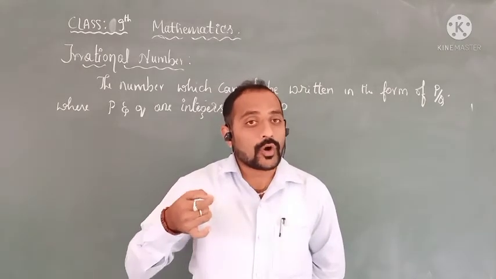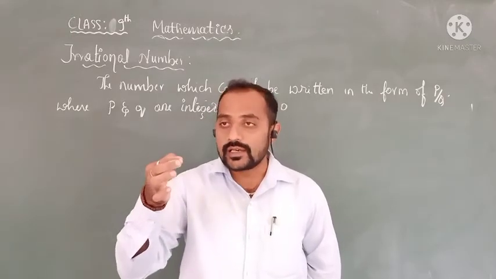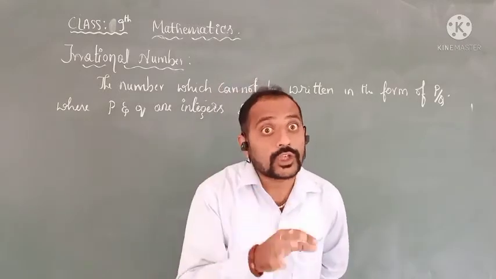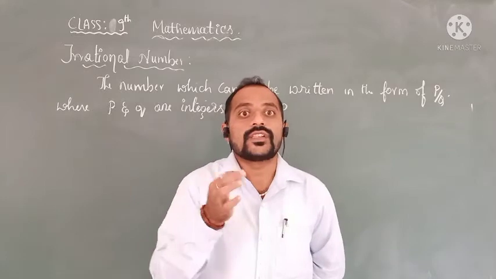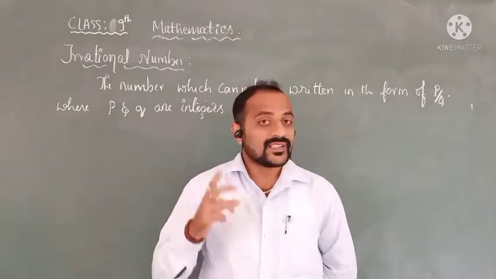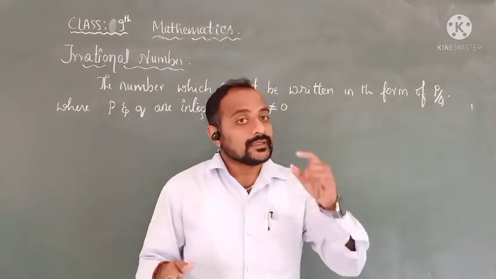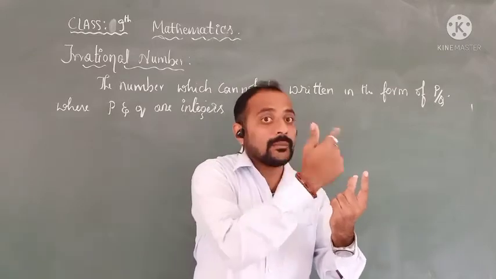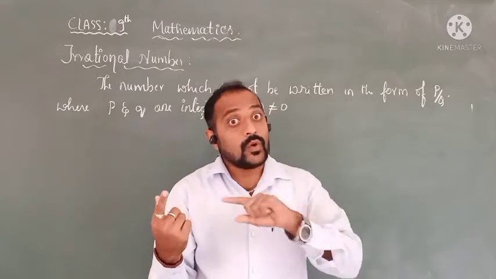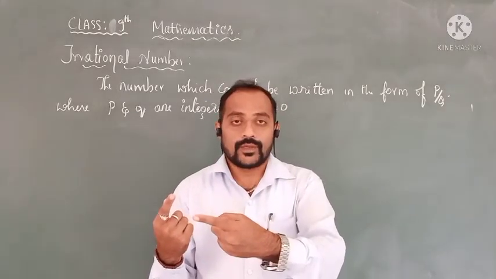When we come to irrational numbers, the definition of an irrational number is the number which cannot be written in the form of p by q. So just observe rational and irrational: the rational can be written in the form of p by q and the irrational cannot.